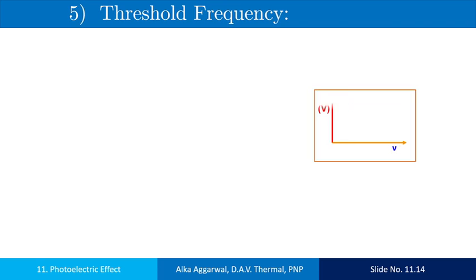Threshold frequency. When a graph is plotted between the stopping potential and the frequency of the incident light, then it will be a straight line, but it never passes through the origin.